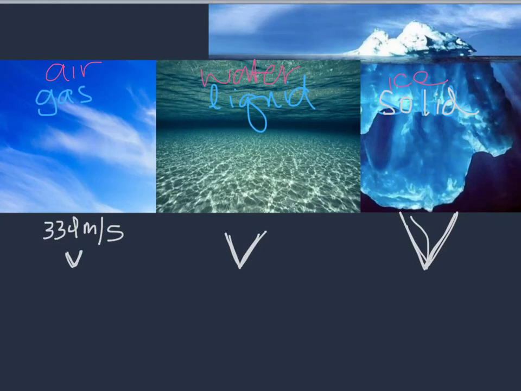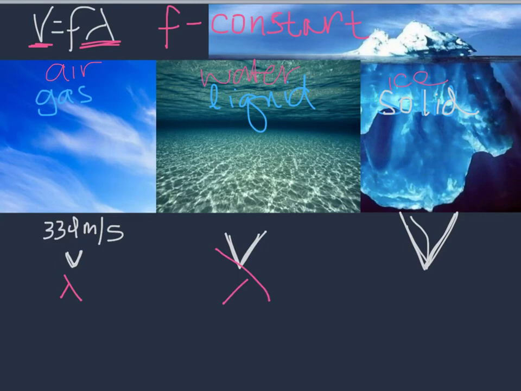Now remember, we have this equation that relates the frequency to the wavelength. It turns out that the frequency of different waves is constant. So frequency is constant. So that can't change. So if our frequency is constant and we increase the velocity, then that means the wavelength must increase too. So if we start with just some wavelength here, it's going to have to get bigger also, and bigger even here also.